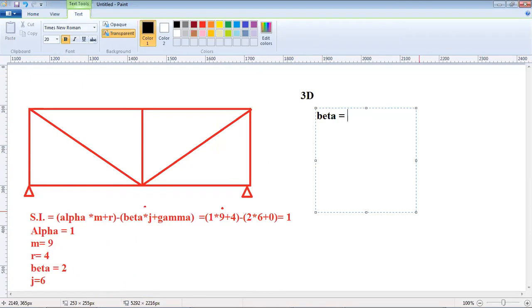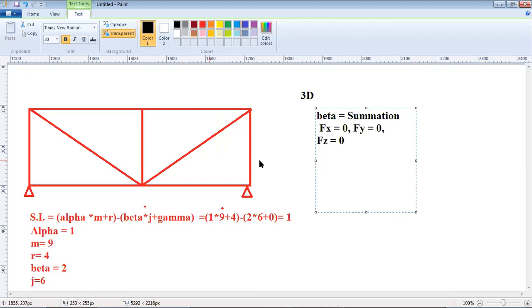You have summation of Fx equal to 0, then summation of Fy equal to 0, then summation of Fz equal to 0. Not of M, there is no moment.